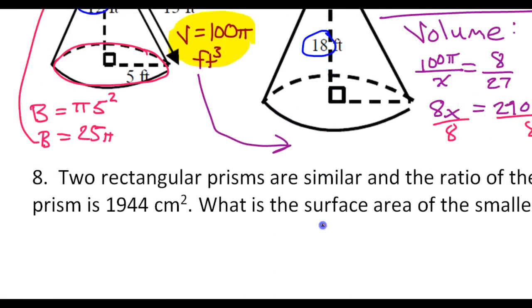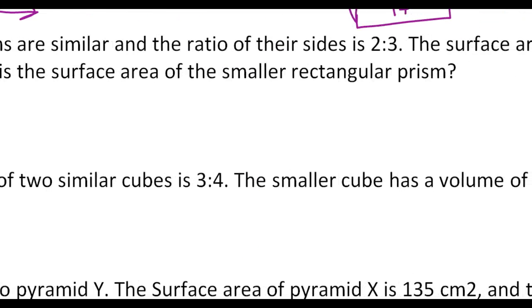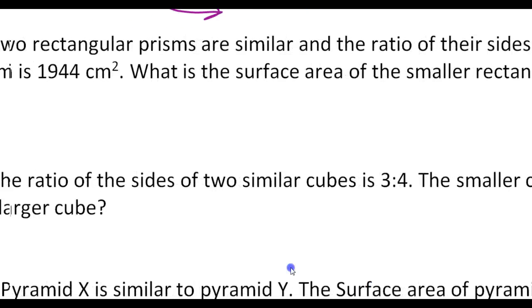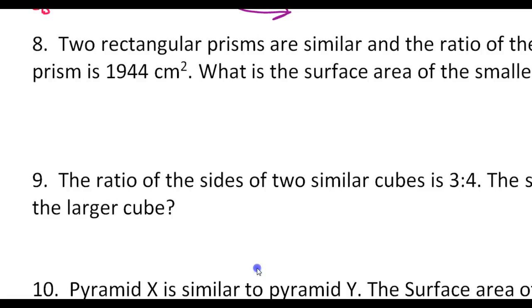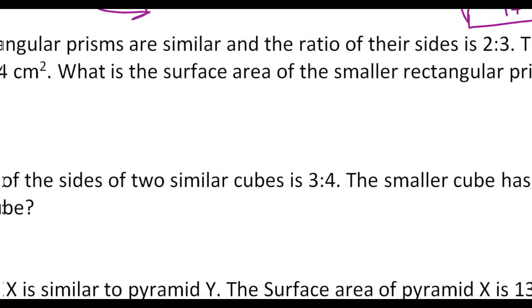What else you got? Number 8. Two rectangular prisms are similar, and the ratio of their sides is 2 to 3. The surface area of the larger rectangular prism is this. What's the surface area of the smaller rectangular prism?